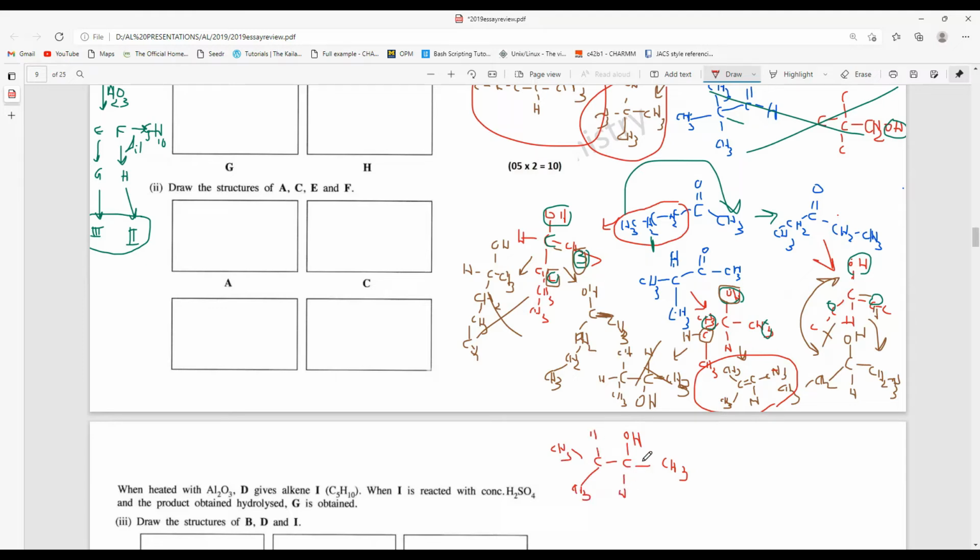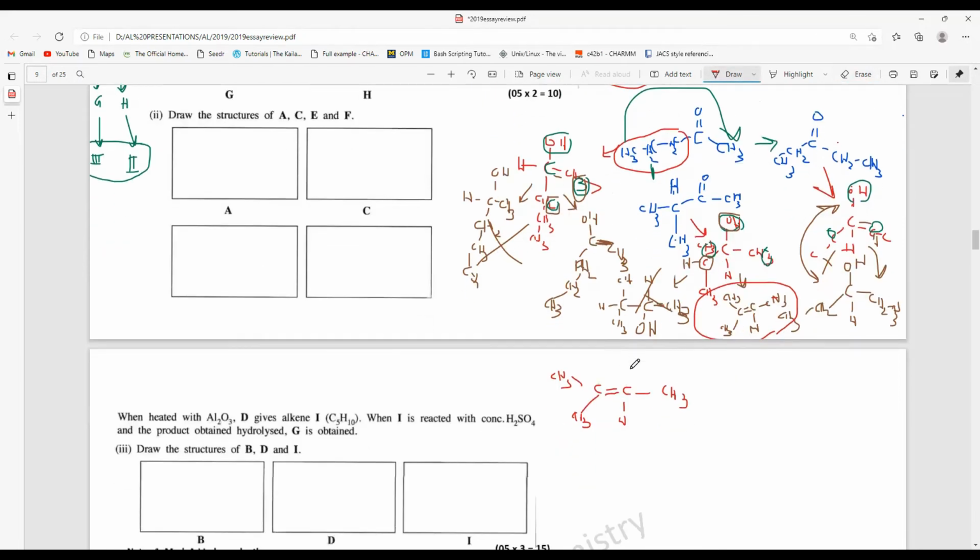So when you dehydrate from this position, I have already dehydrated and drawn. This is not coming from this position. So there will be a double bond here. So this hydrogen and oxygen are not there initially. And then you again hydrate it. So when you hydrate it, there is a hydrogen here.